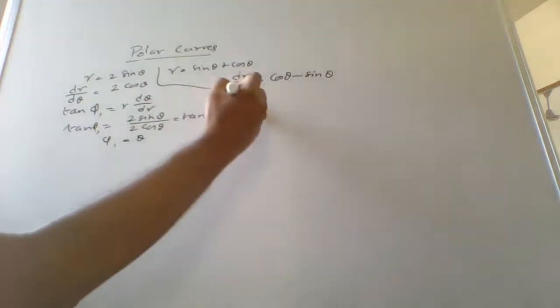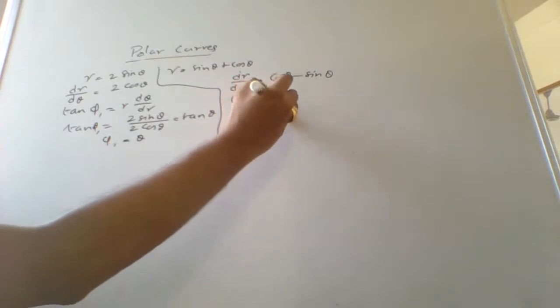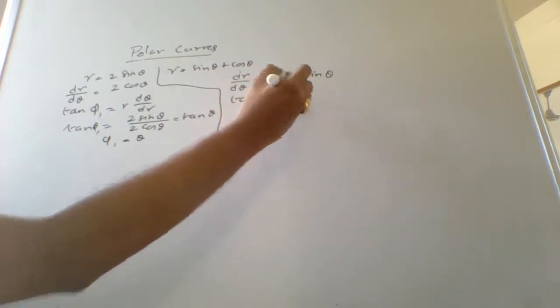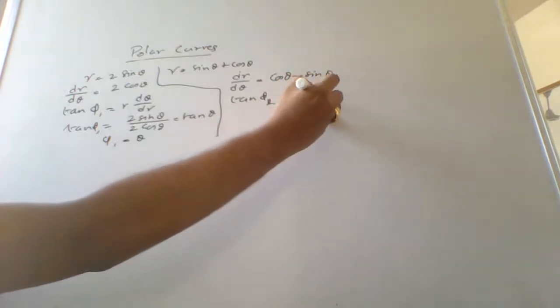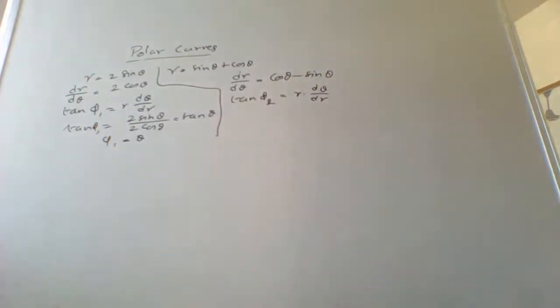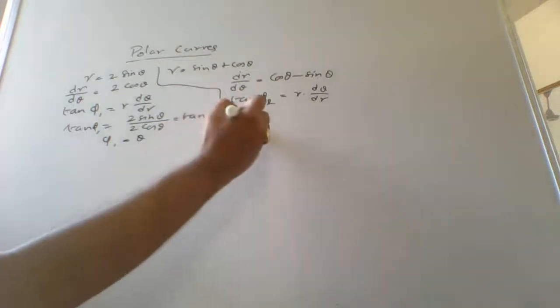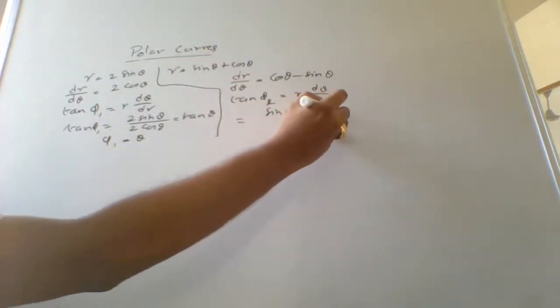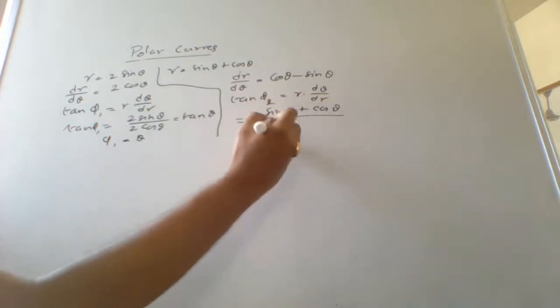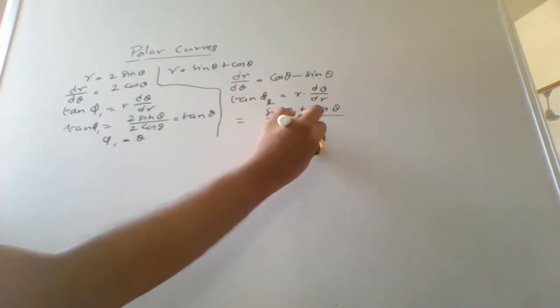Again, tan phi 2 is r d theta by dr, which is sine theta plus cos theta over cos theta minus sine theta.